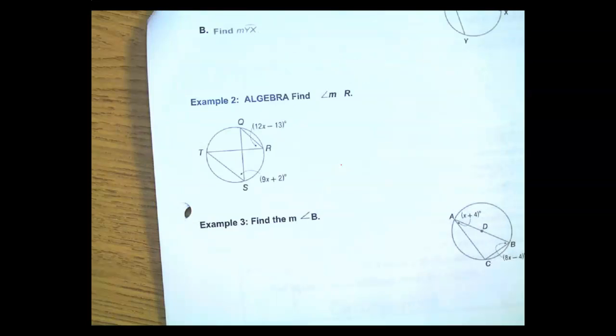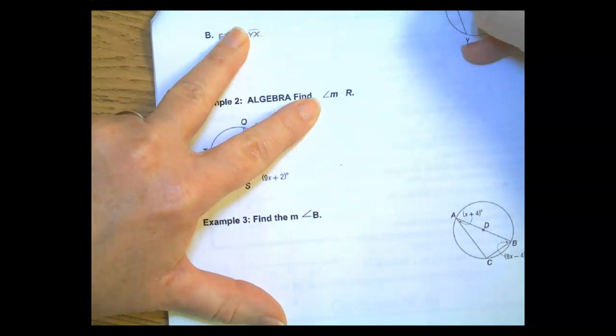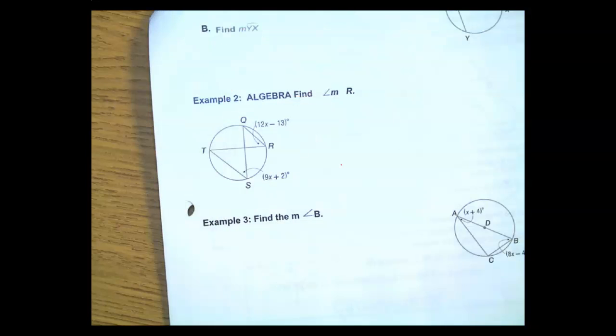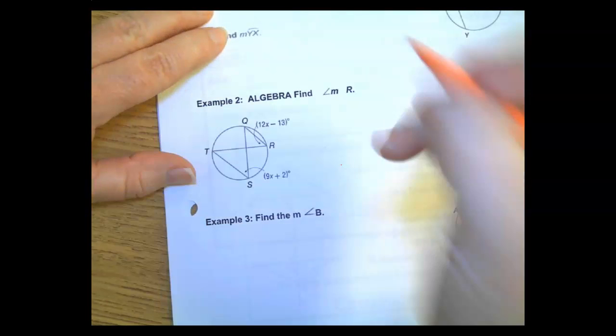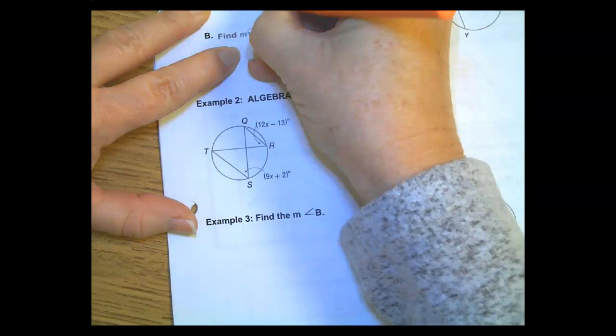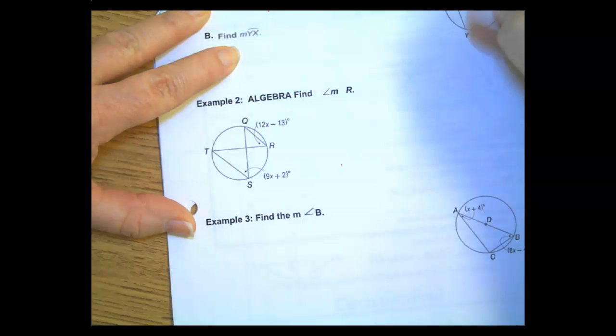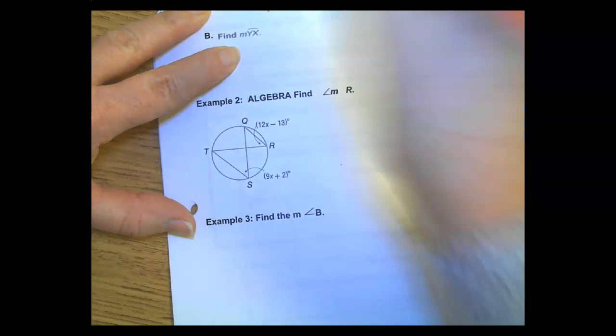Next, let's find the measure of X. So X is an inscribed angle. An inscribed angle means the measure of angle X is equal to 1/2 ZW.